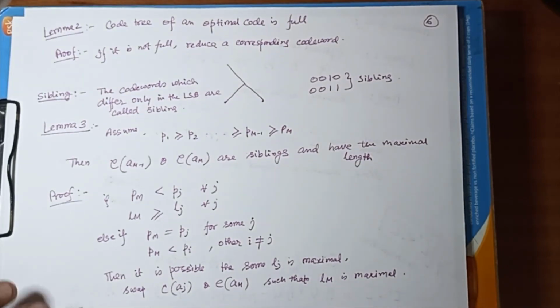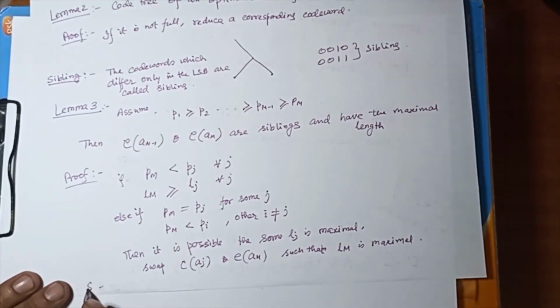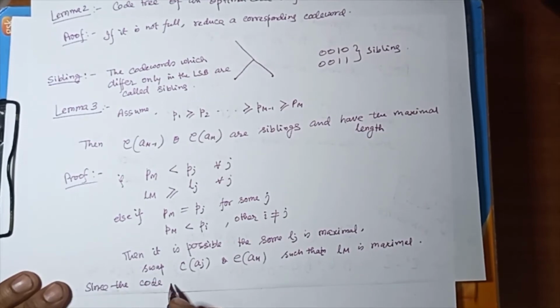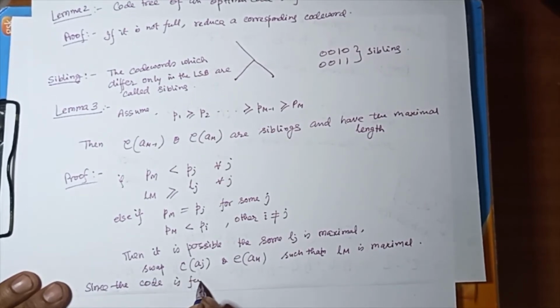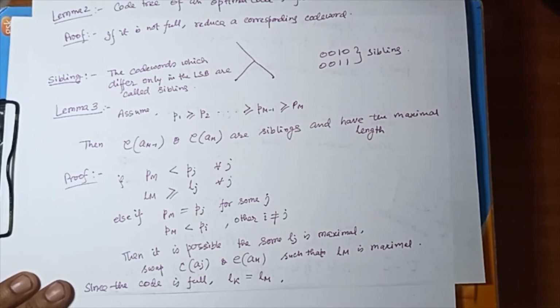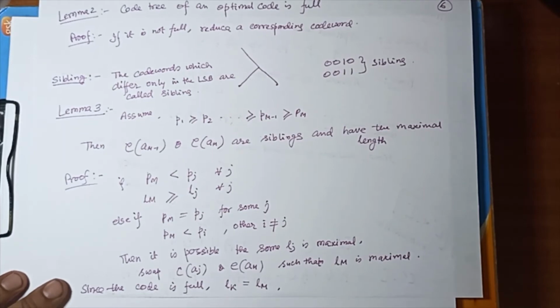So Lm minus 1 will be equal to Lm since the code book is full. There exists some Lk which will be equal to this Lm. It has to be there, otherwise there cannot be one maximal code. There has to be at least two. So the sibling will be there.